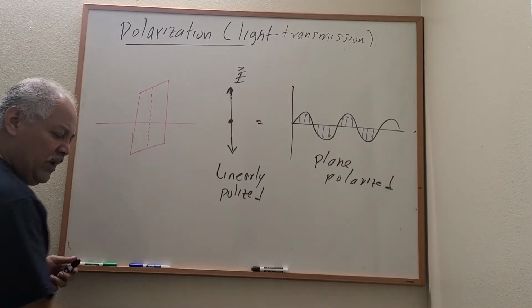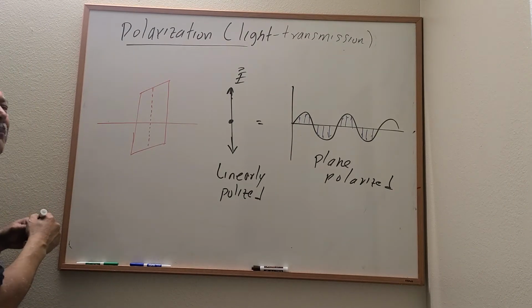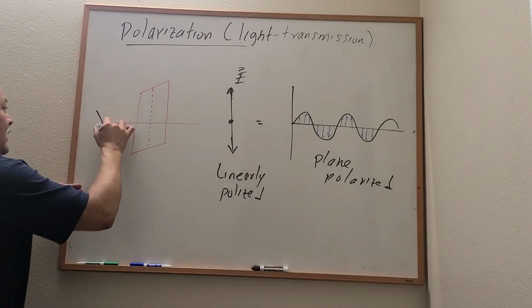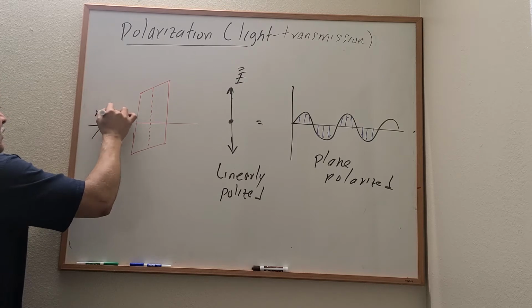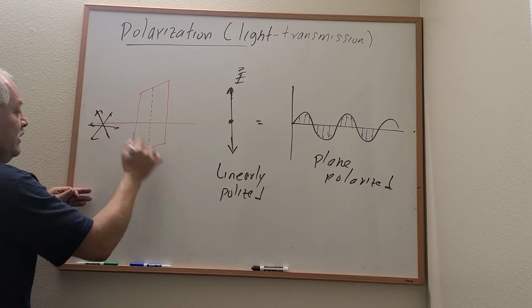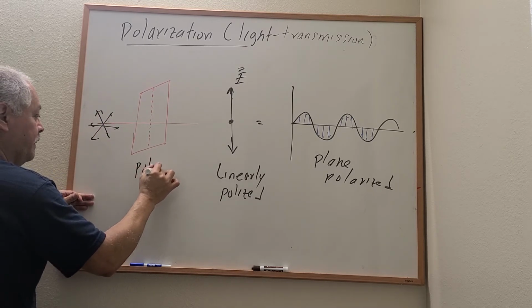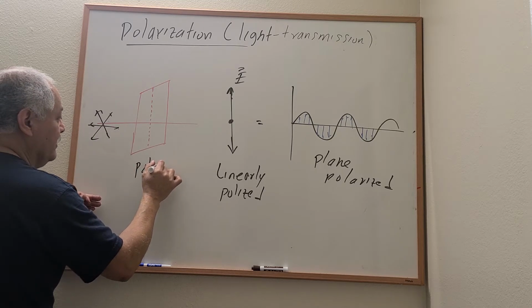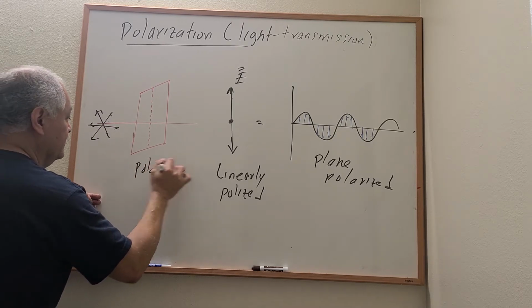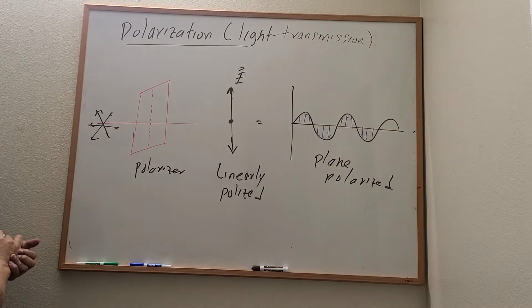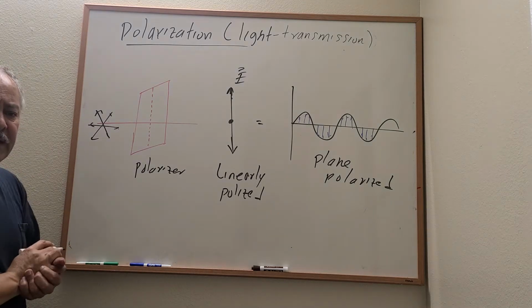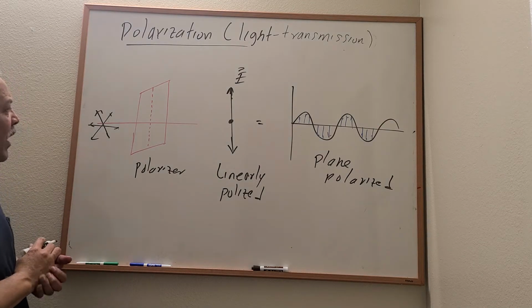At the beginning, what do we have? Well, at the beginning, we have an unpolarized ray coming toward this polarizer. And then what happens?